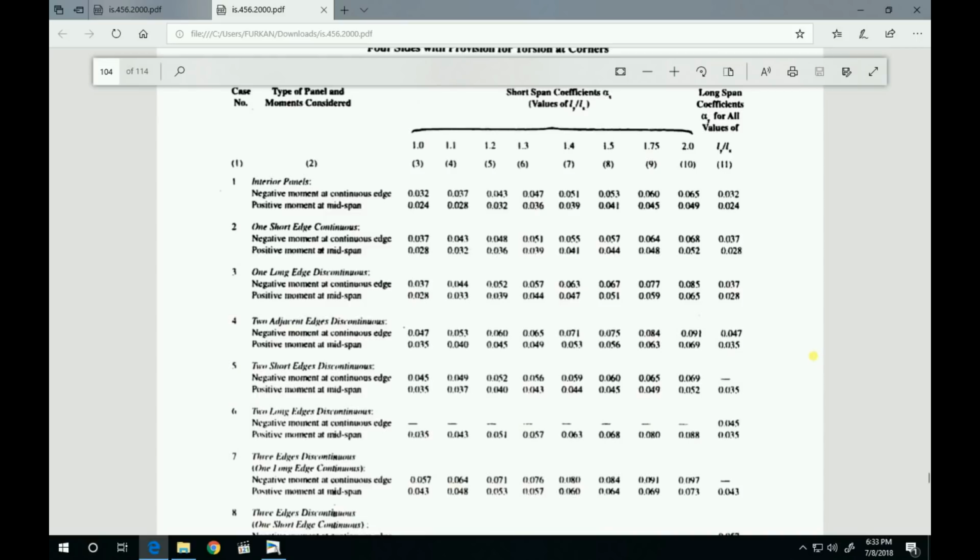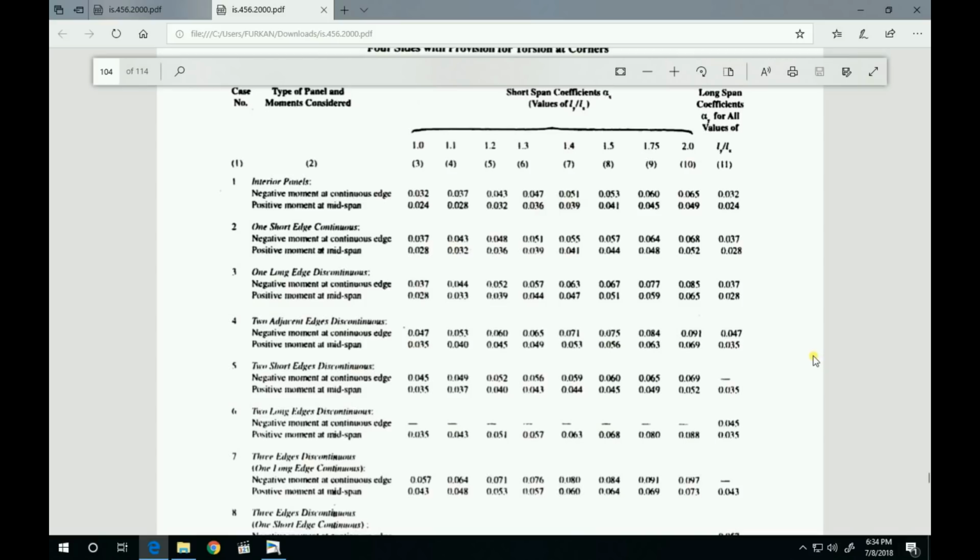So you have to interpolate over here, or you can just make an assumption, which I have done here. For negative moment at the continuous edge, the alpha x will be somewhere in between 0.052 and 0.057, and the positive moment will be somewhere in between 0.039 and 0.044, and the alpha y positive will be 0.028 and alpha y negative will be 0.037.